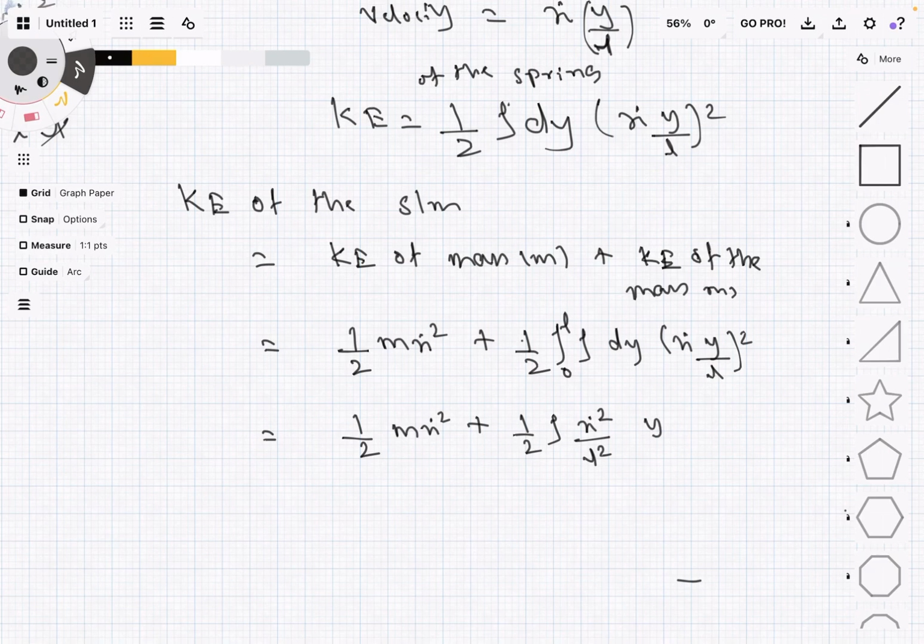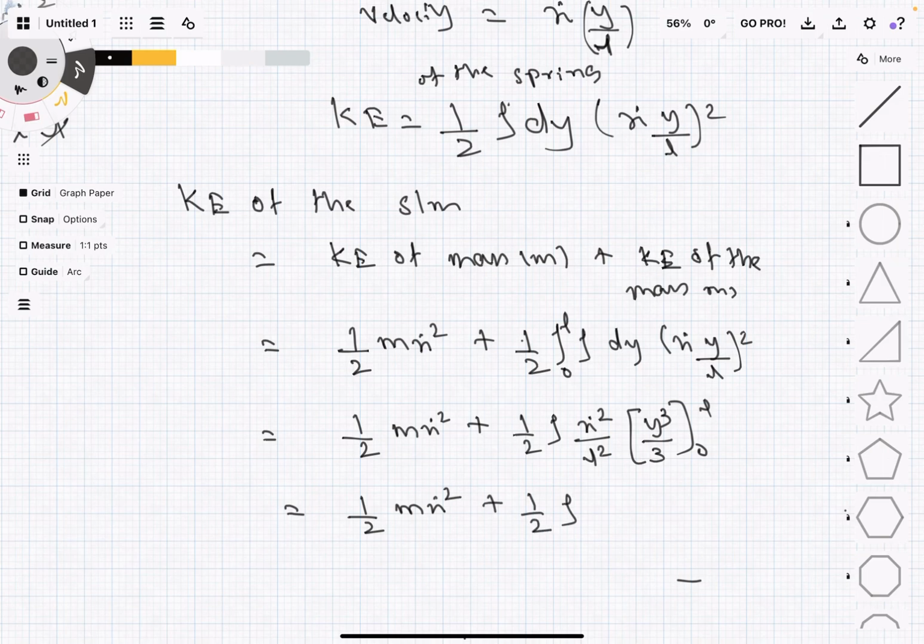So you will be getting y cube by 3, with the limit 0 to l. So half into m into x dot square plus half into rho into x dot square upon L square. If I put the limits, it will be L cube by 3. So this L square and this L square get cancelled.